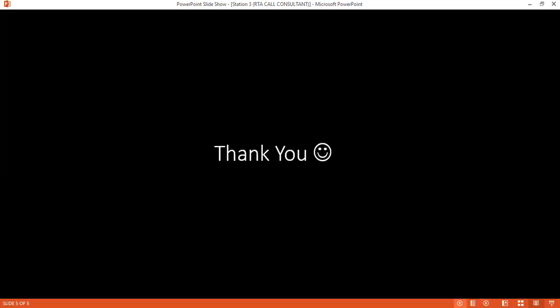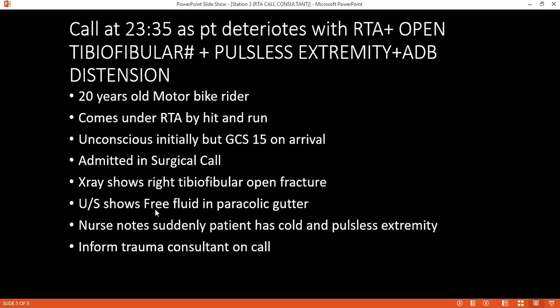Yes, because see, there is right tibial open fracture. So first, you'll do the debridement of this dirty wound, right? And then you'll also take care of the compartment syndrome, because pulseless.